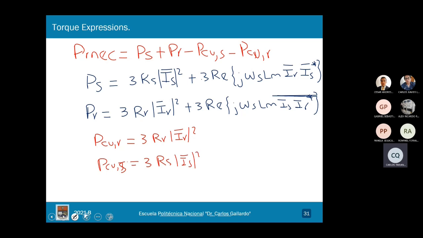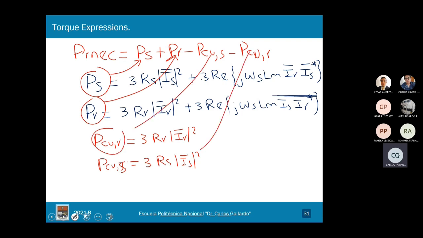Let's substitute these into this equation, substituting in this equation, and in this equation. So what happens? The loss terms cancel off, and I will have these two terms.